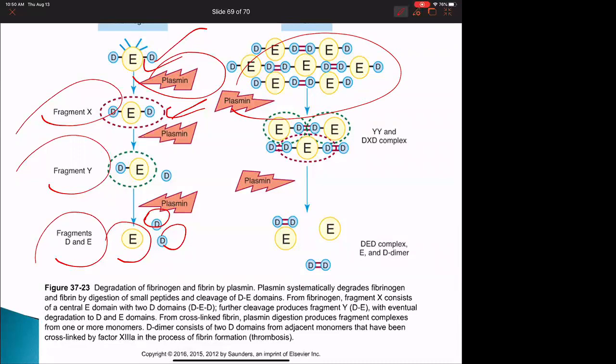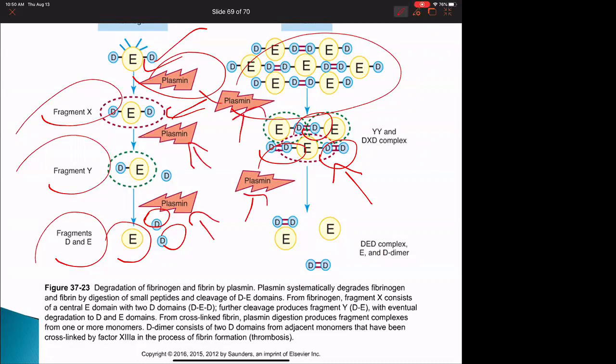So when plasmin comes in and cleaves this fibrin clot, what you'll see is the remnants, D-dimers, right over here. Remember, D-dimers are D domains that have been linked by covalent bonding. But when you see D-dimers, then you know that it's plasmin action on cross-linked fibrin only, okay? So this is the function of plasmin.